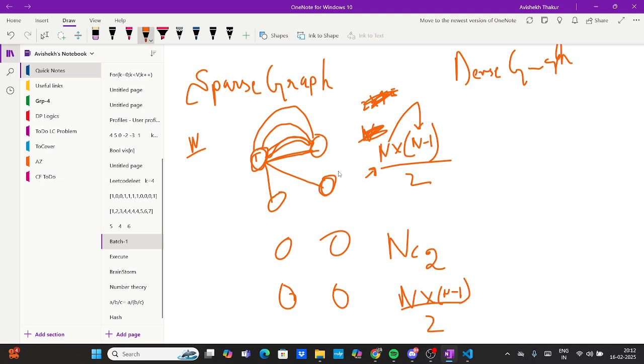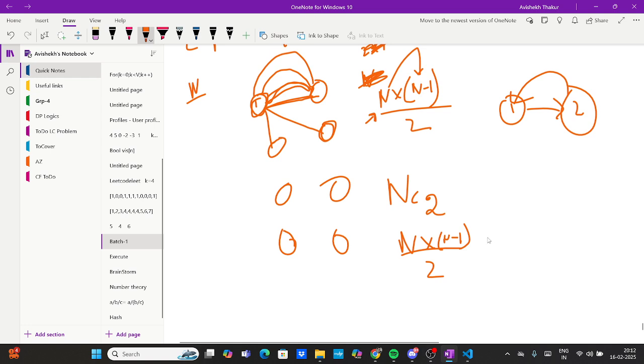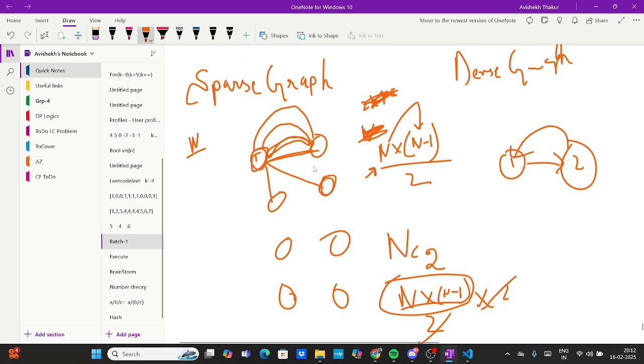Let's say 1 to 2 like this, and 2 to 1, both. Then it is n into n minus 1. Exactly, you just multiply by 2, the 2 goes, and this is the answer. So in an undirected graph, it's NC2, and here it's NC2 into 2, because here you have 2 directions now.